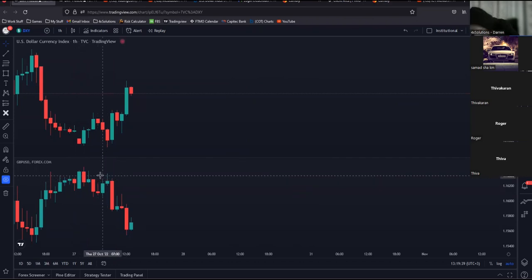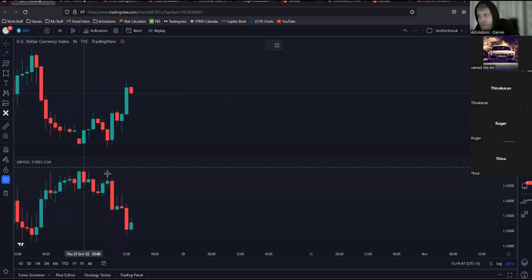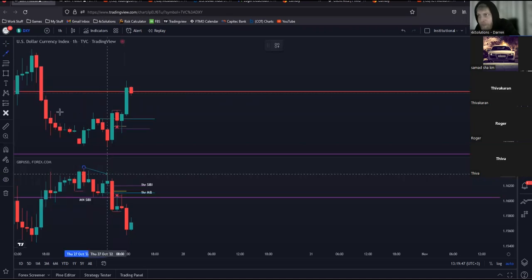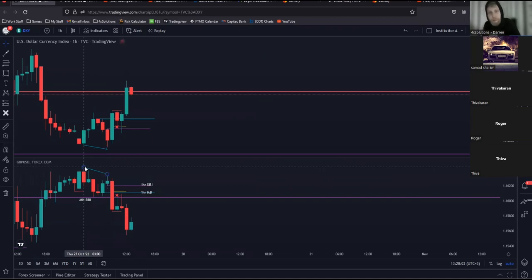So where is the SMT? GU is a higher low, or high. Okay, so there was that one. Now that's off of a breaker.